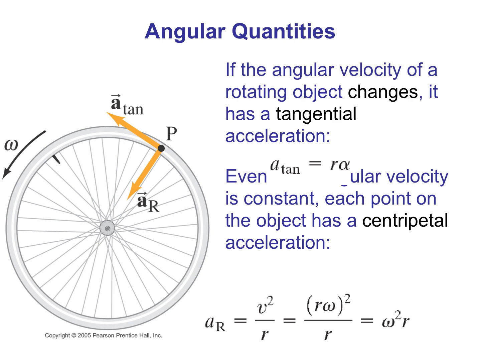Now, another formula that we need to look at is the acceleration. Any point that is rotating is in a circular motion. So we have the radial acceleration, which is v squared over r, same as circular motion, and then tangent to that is the tangential acceleration, and that acceleration is r times alpha.